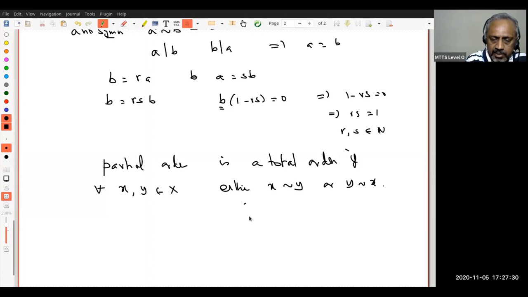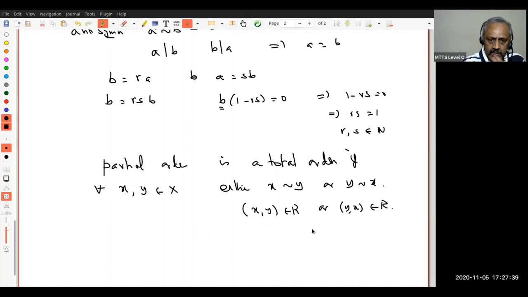That means in terms of relation, either the ordered pair (x,y) must be in R or the ordered pair (y,x) must be in R. You understand that? That means one usually says, given any two elements, you can compare them. When I say x is related to y, I simply say I can compare x and y, and I say x is less than or equal to y.